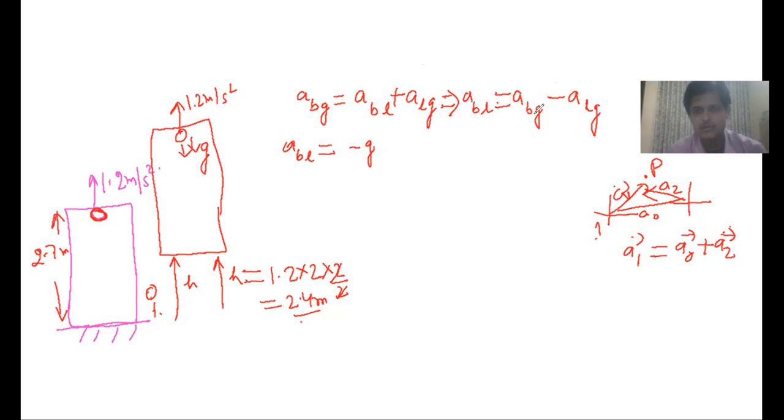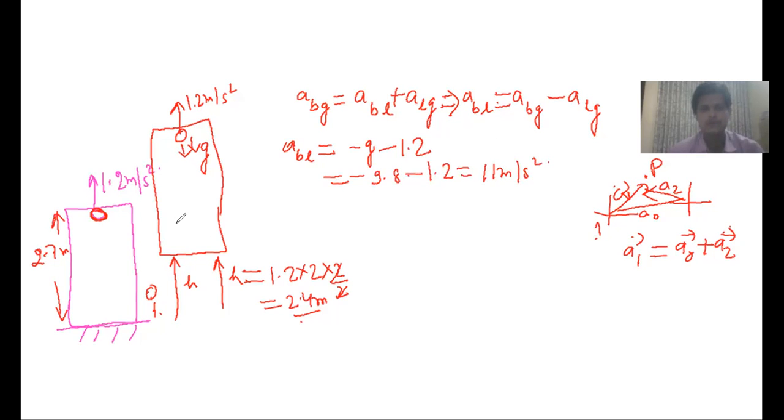The acceleration of bolt with respect to ground will be minus g, that is minus 9.8, and the acceleration of lift with respect to ground will be minus 1.2, so it will be 11.